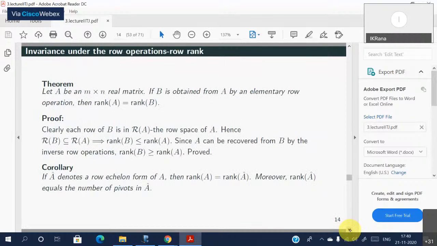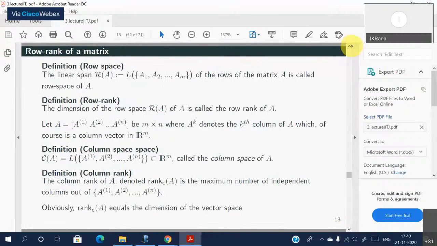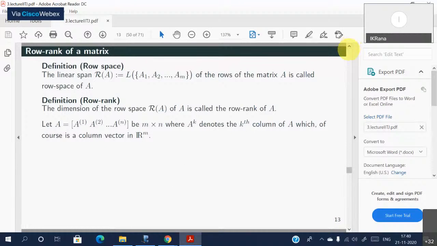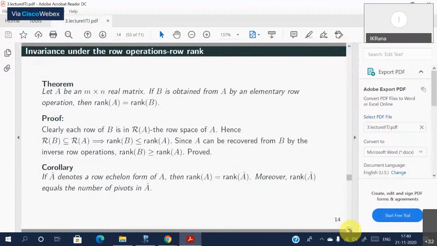So here is the first observation. Look at the first theorem. It says that if A is an m cross n matrix and B is obtained from A by elementary row operations, then the rank does not change.